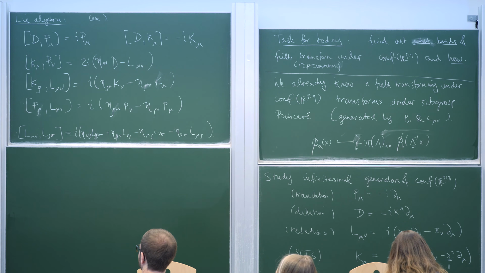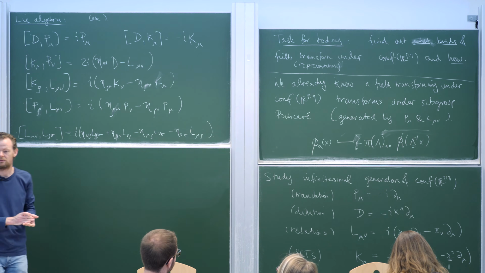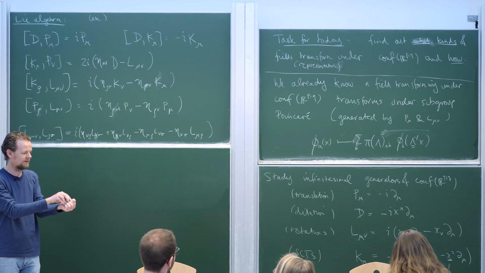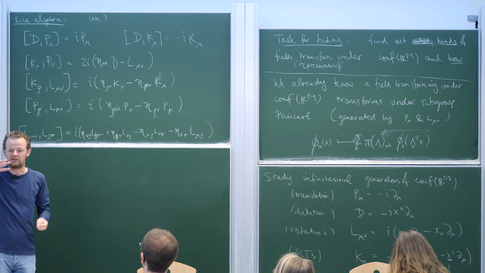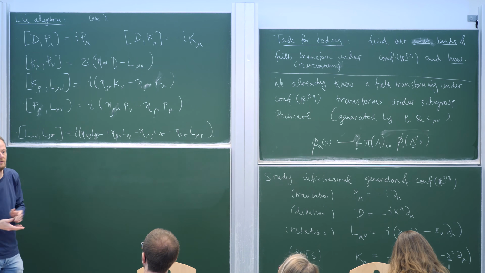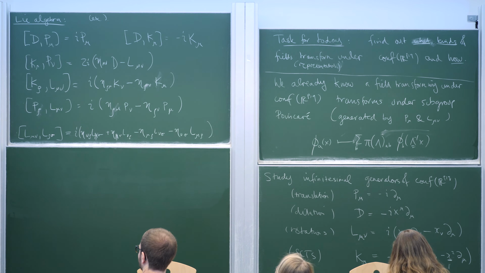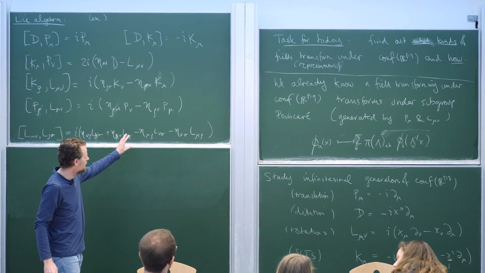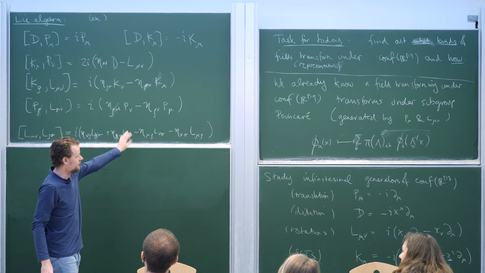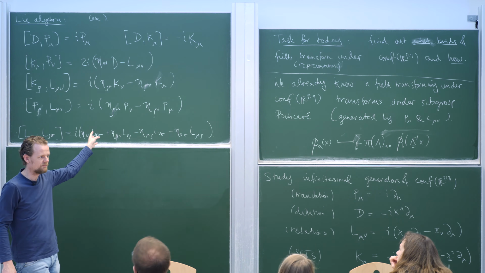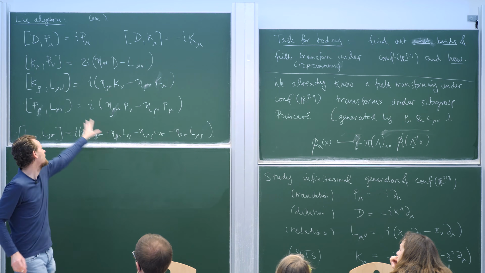You can think of translations as a bit of a distraction, right? They move the origin. They don't act in any other way other than to move your field at some space-time location to another. No particular rotations occur along the way, unless it's in a magnetic field or a gauge field, in which case you have to worry about parallel transport, but we're not going to go down that road. We're going to think about just fields which transform in the obvious way under translations. So translations are a bit of a distraction in this story.